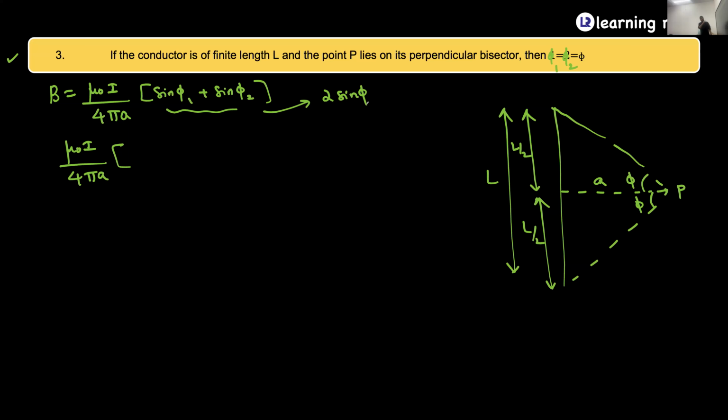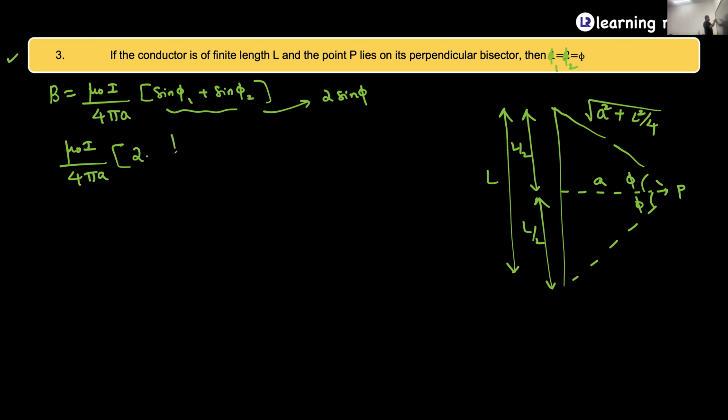Now, what is the value of sine phi from this triangle? If this length is L by 2 and this distance is A, then the hypotenuse is going to be root of A square plus L square by 4. So this will be 2 times, what is sine phi?